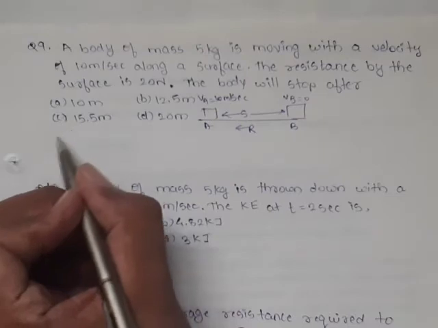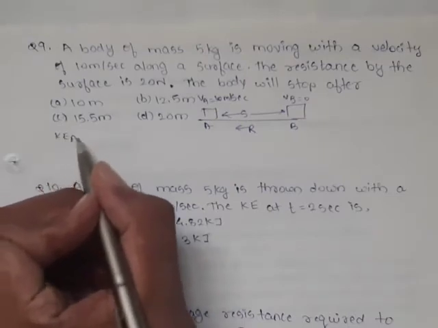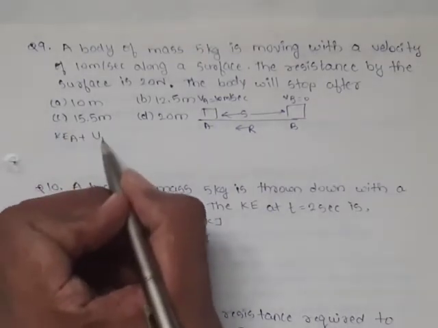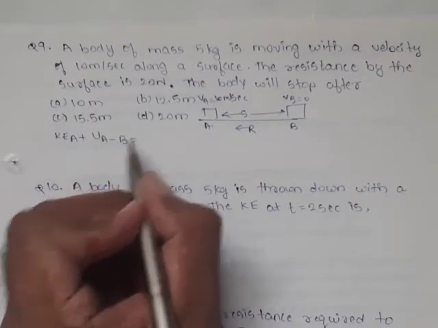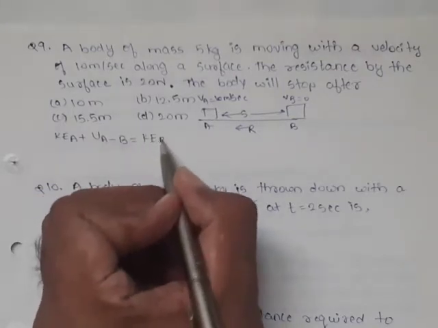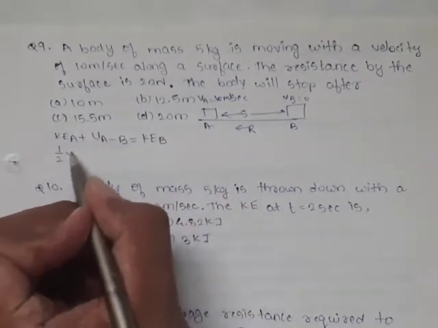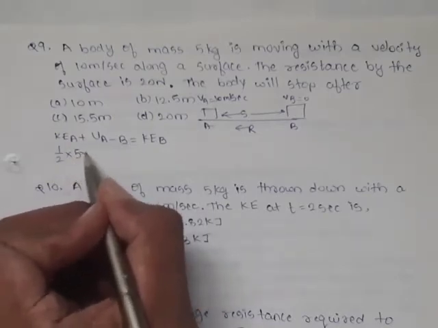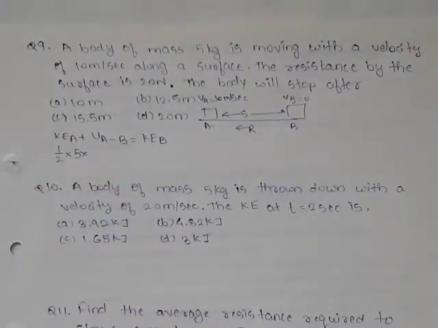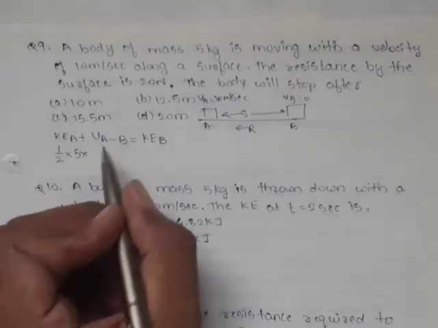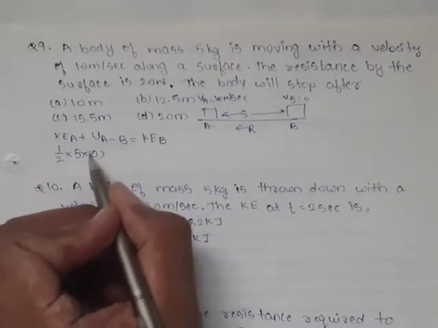Now we know the work energy principle: initial kinetic energy KEA plus work done to move the particle from A to B is equal to KEB. So here it is 1/2 mVA square, with mass 5. VA is 10 square.